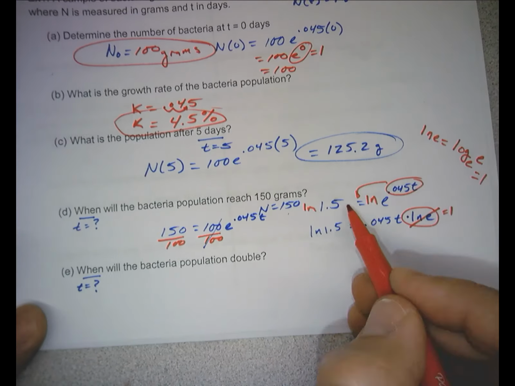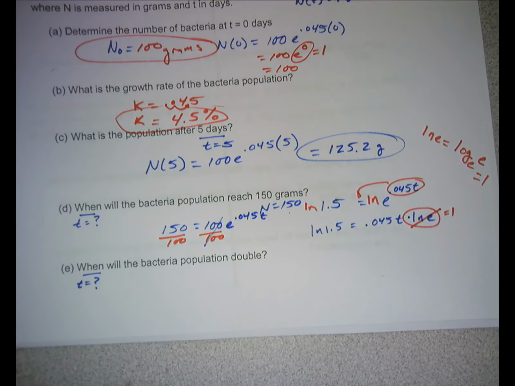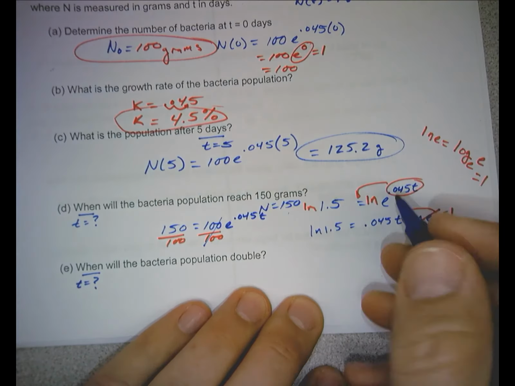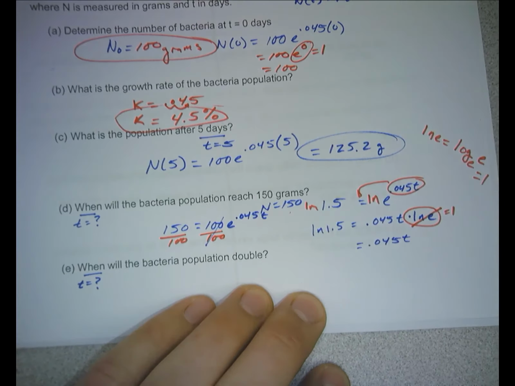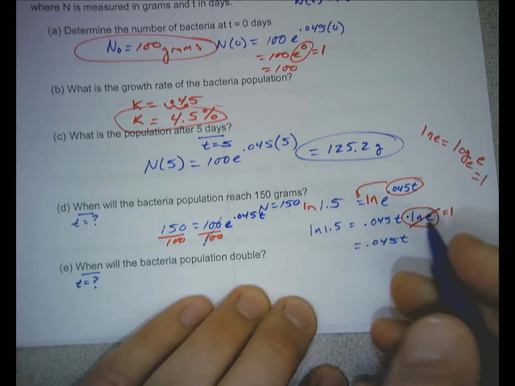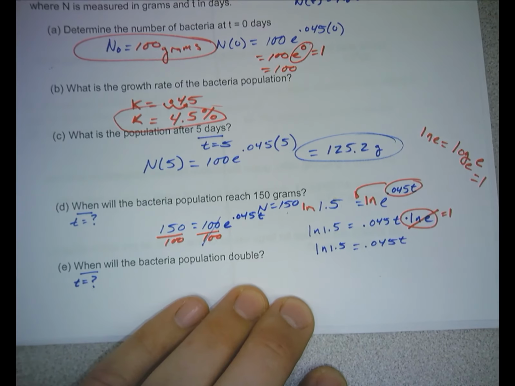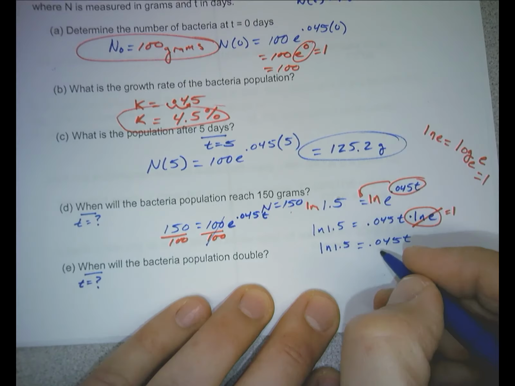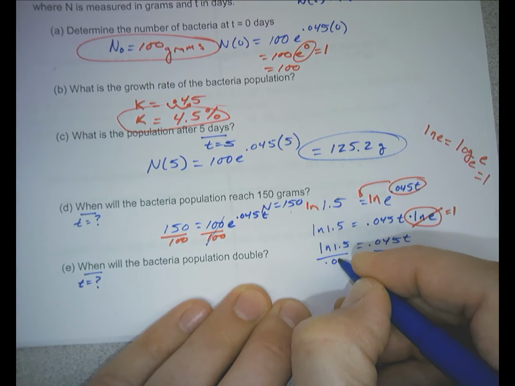Once I bring this guy down, I don't write natural log of e because I know it's 1, and 1 times 0.045t is just 0.045t. You don't need the natural log of e anymore. That's another little trick, and that's why I use natural logs as opposed to common logs. Last step, solve for t. I'm going to divide over 0.045.